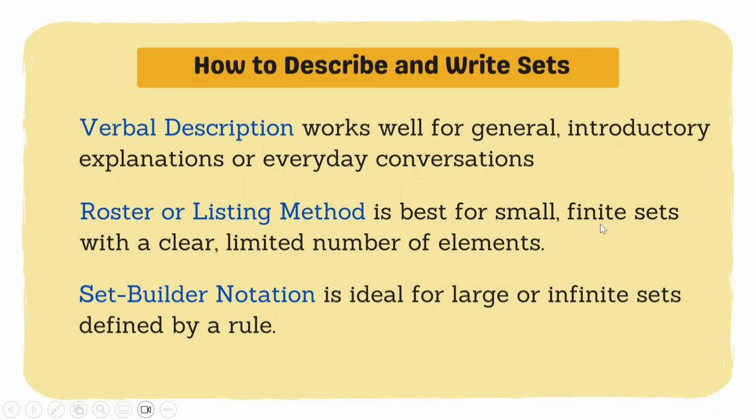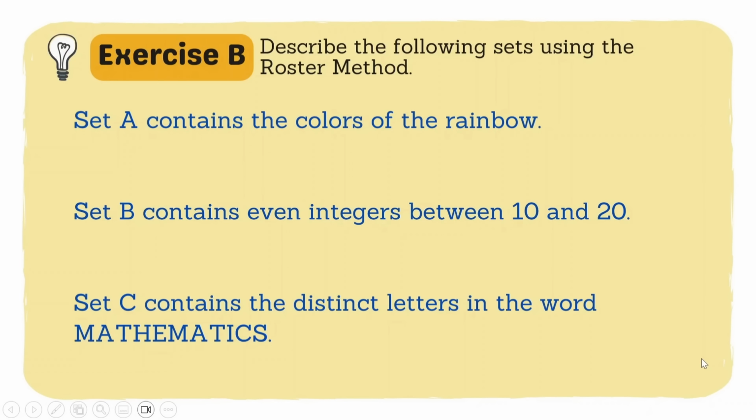Malalaman po natin kung anong ibig sabihin ng finite mamaya. With a clear, limited number of elements. And for set builder notation, this is ideal for large or infinite sets defined by a rule. So kadalasan sa mga malalaking number of elements na po ito. So alin po dito sa tatlo ang kadalasang ginagamit? Okay, in our lesson here in grade 7, we will focus on roster or listing method.